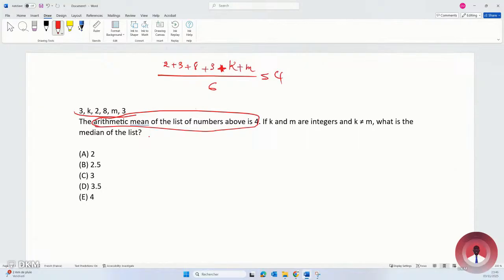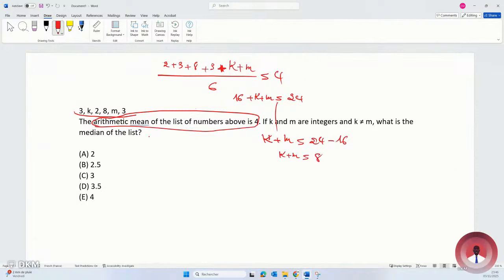So this is 16. So 16 plus k plus m is equal to 24, and k plus m is equal to 24 minus 16. K plus m is equal to 8.